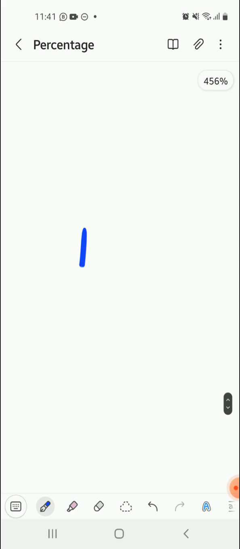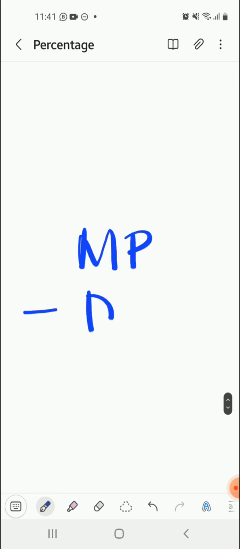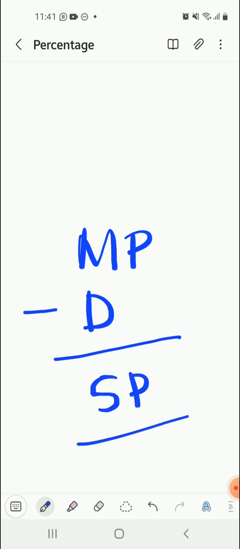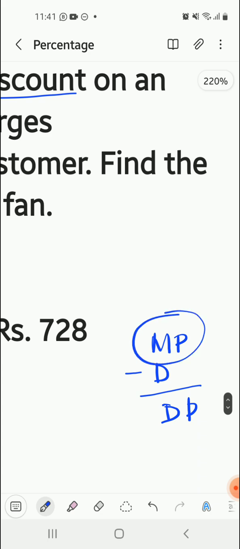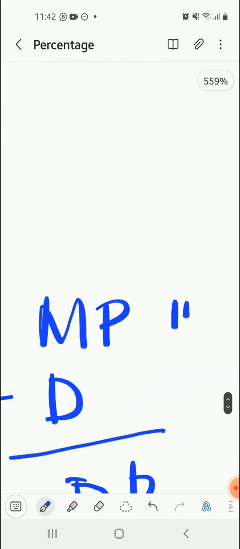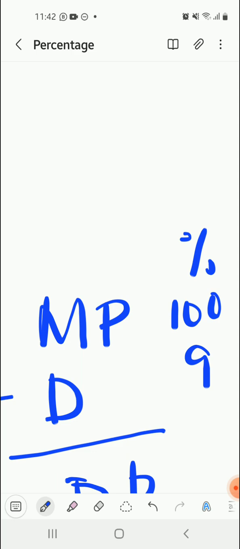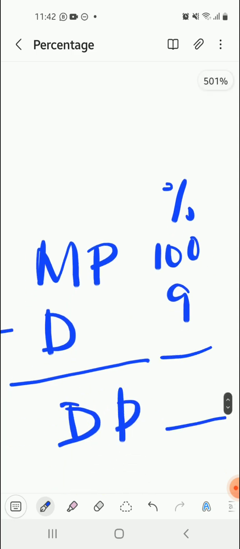Now see, this actually means that we have to find out the marked price. So usually the marked price minus the discount is equal to the cost, or the selling price rather, or the discounted price. We can write DP, the discounted price. So here, if we consider marked price to be 100 percent and discount is given as 9%, then what we have is the discounted percent, that is 100 minus 9, it is technically 91%.